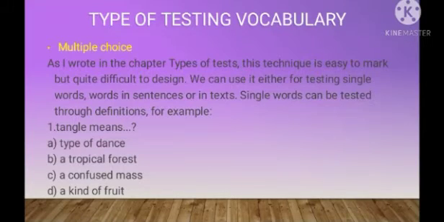Tangle means A. Type of dance, B. A tropical forest, C. A confused mess, D. A kind of fruit. So from the test, maybe the student will find the suitable meaning of the word tangle.